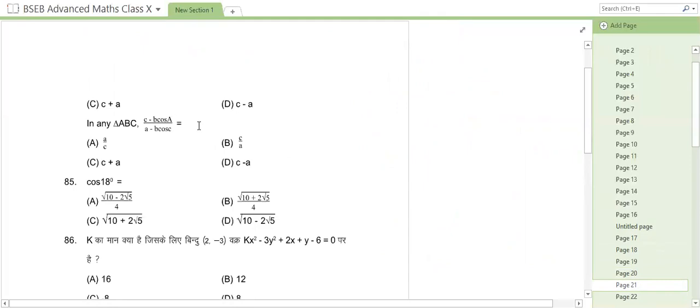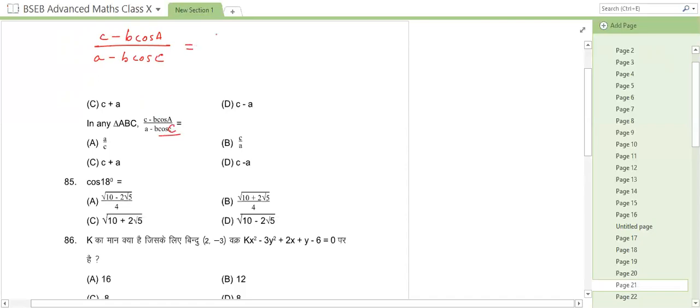Good question. So we have (c − b cos A)/(a − b cos C). Remember, there should be a capital C there; there's just an error for the small c.